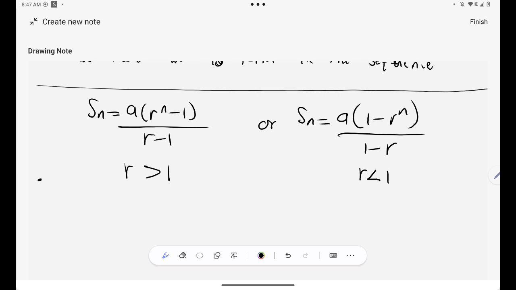But in both of them, please note, let me write this part in red: r can never be 1, because when r is equal to 1, our denominator is 0, so the entire thing will be undefined. Are you together?